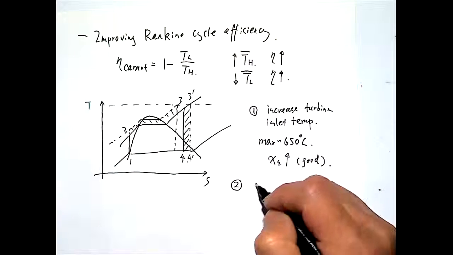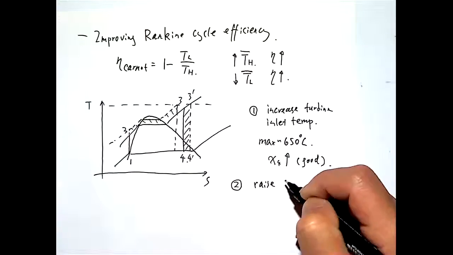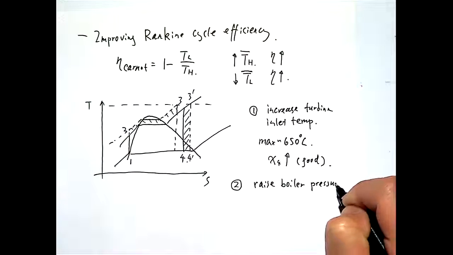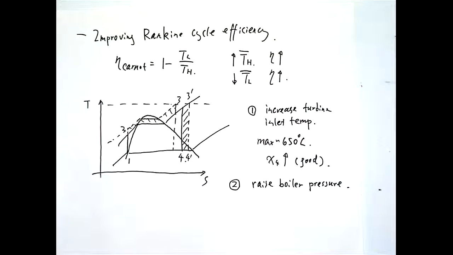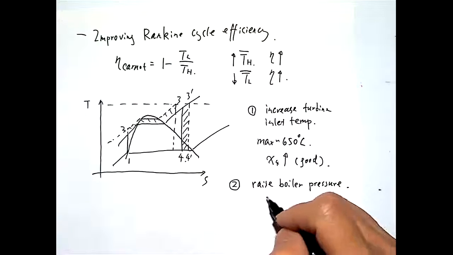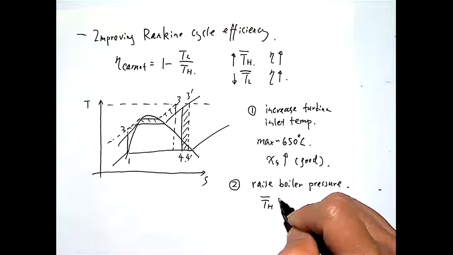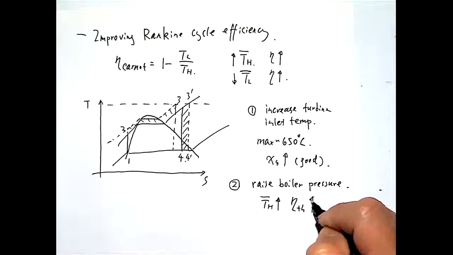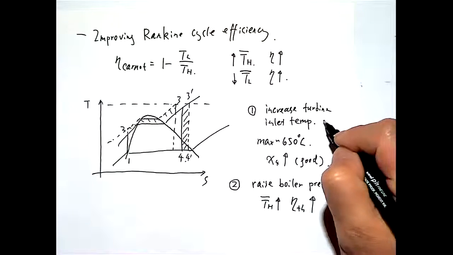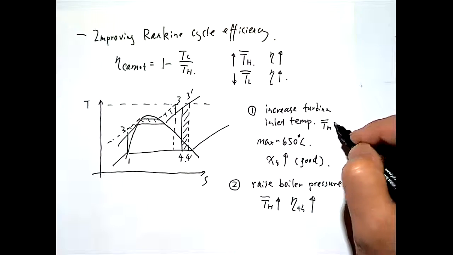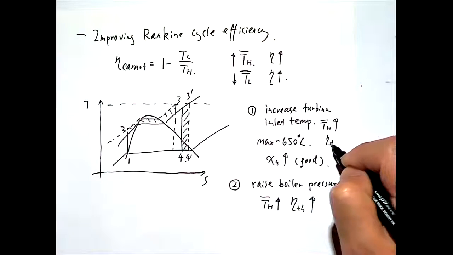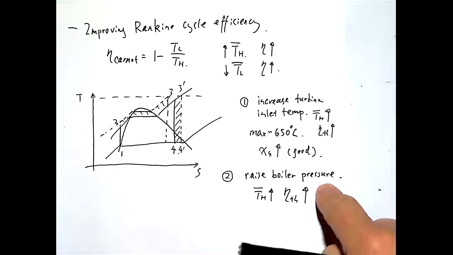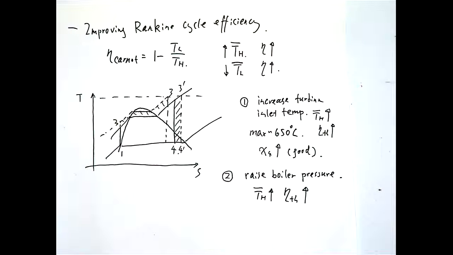Maybe I just raise the boiler pressure. So I should say the average heat addition temperature increases, the efficiency increases. And similar here, average temperature increases, efficiency increases, right? But raising the pressure has several downsides.